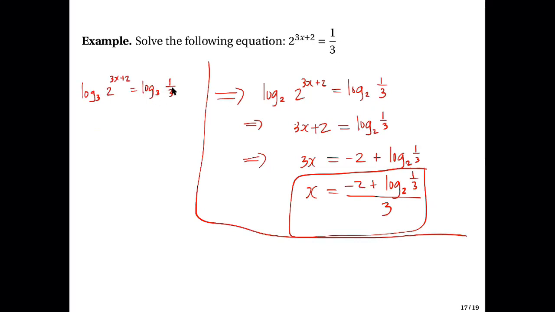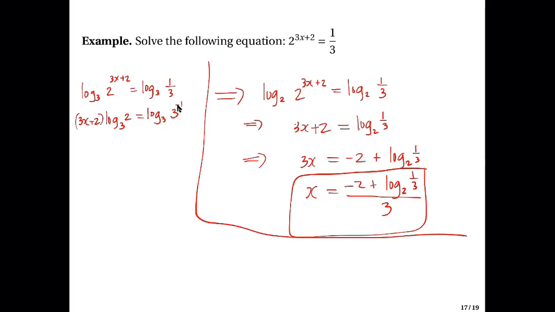This guy here we can simplify. On the left-hand side, we can bring down 3x plus 2 times log of 2 base 3. Whereas the right-hand side, let us rewrite 1/3 as 3 raised to negative 1, and we have base 3. So 1/3 is the same as 3 raised to negative 1.